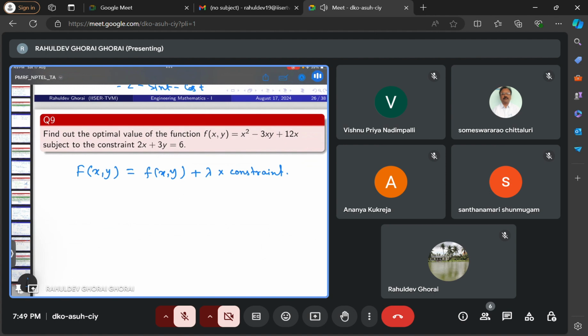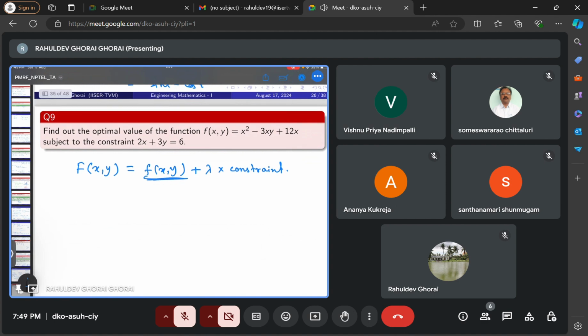Then you try to find out the local maxima and minima for this capital F. And that will be the optimal value or maximum value for the function small f of x, y. So now let's do it here.